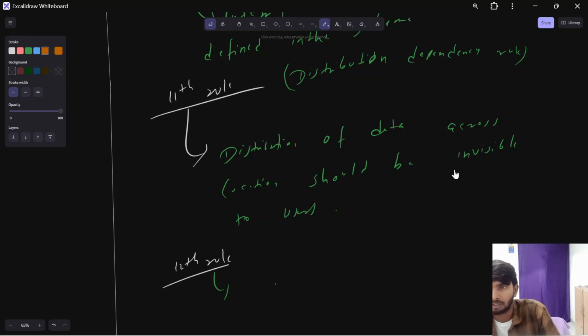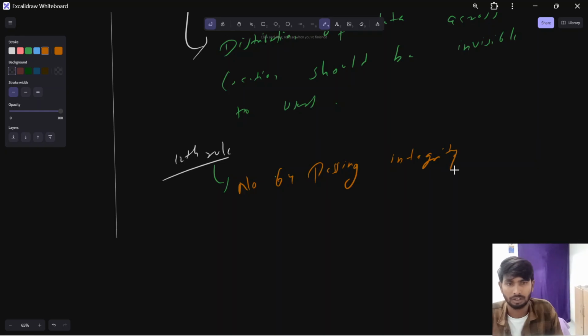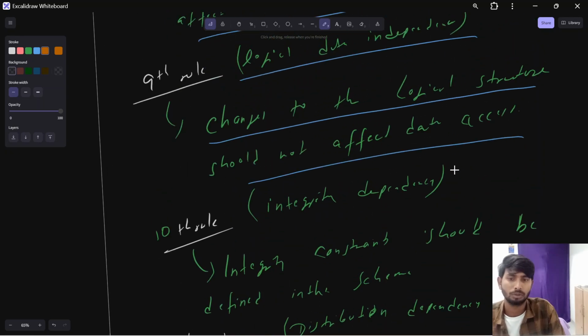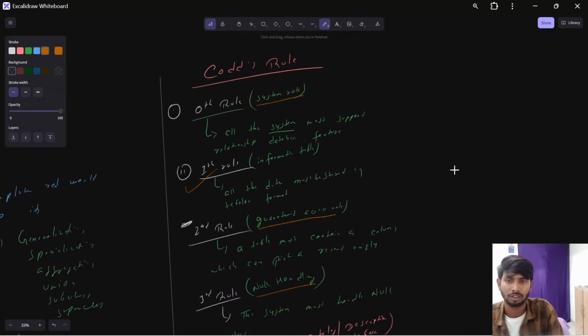Now the last one left is no bypassing the integrity rule through low level access. Okay, integrity rule done.